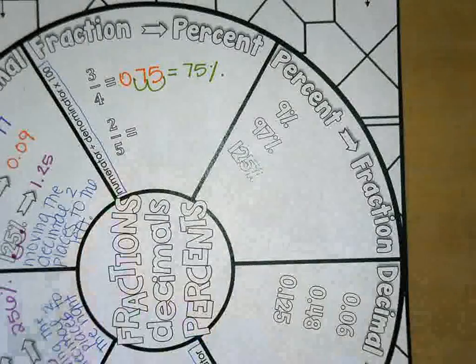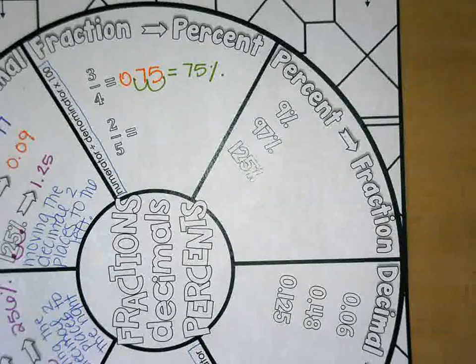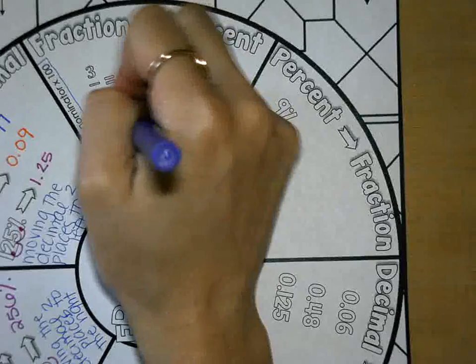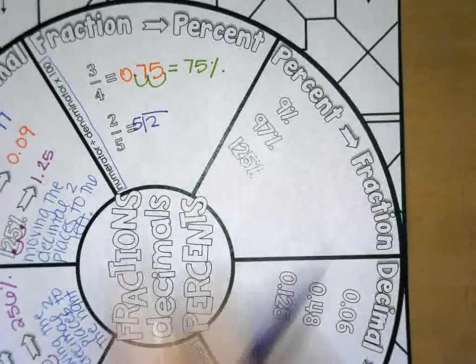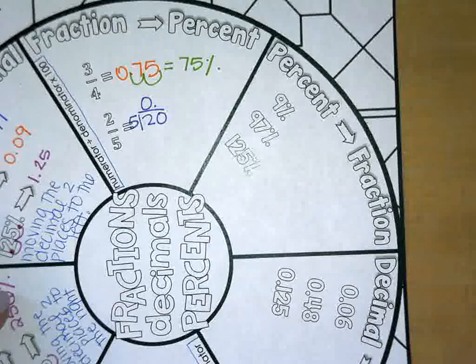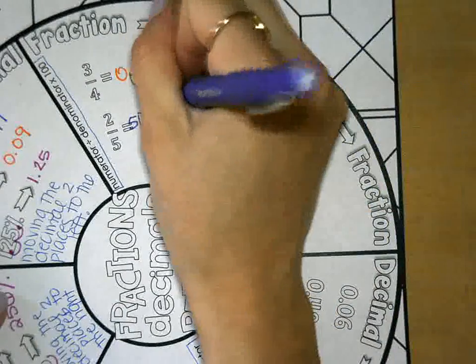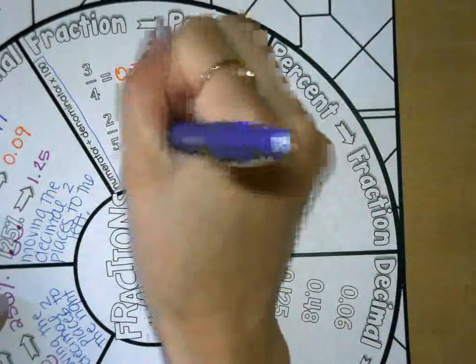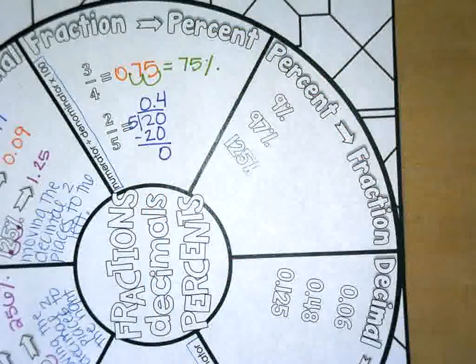So 2/5, we're going to divide this one out just because it's our notebook. So 2 goes in the house, 5 goes on the outside. 5 cannot go into 2, so I put a 0 and a decimal up top. I add a 0 next to my 2. 5 goes into 20 4 times, because 5 times 4 is 20.